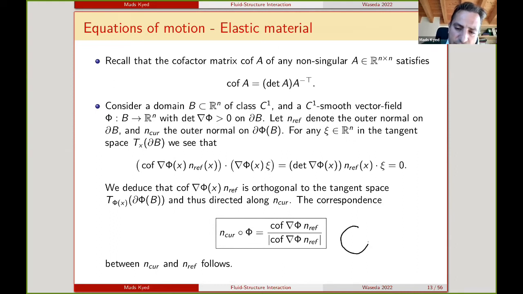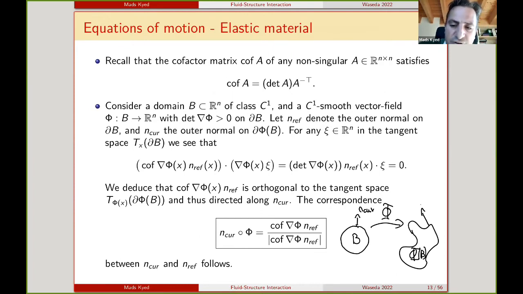So we have here some B, and then some deformation of B. Phi of B, so that's the setting. And in the deformed configuration, we have a normal vector, which we call n_cur for current.